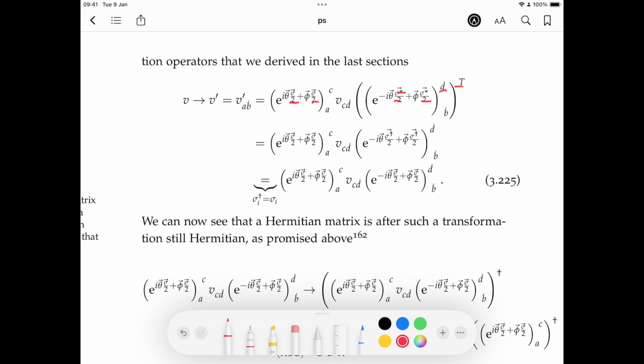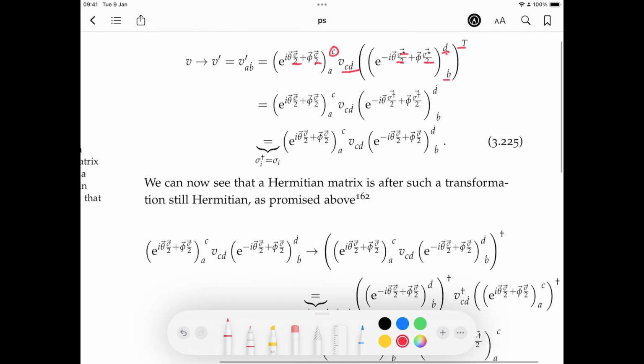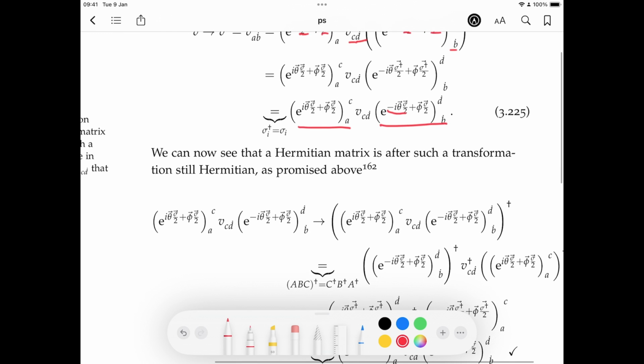We have the indices which are dotted, so we have D dotted attached to that D, and C attached to that top C here. And if we apply everything, you can notice that we just apply sigma dagger equals sigma, and we obtain a formula like that, where the only difference is that sign, because it was conjugated, I guess. Okay.